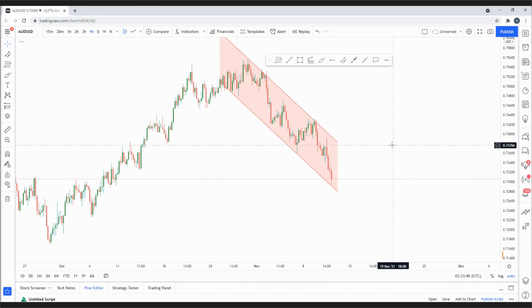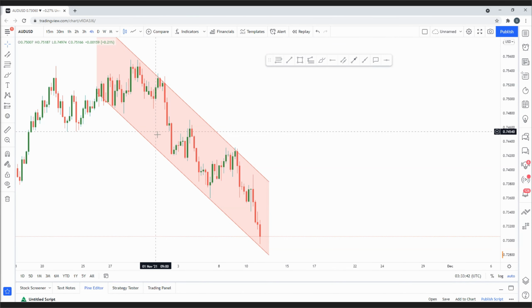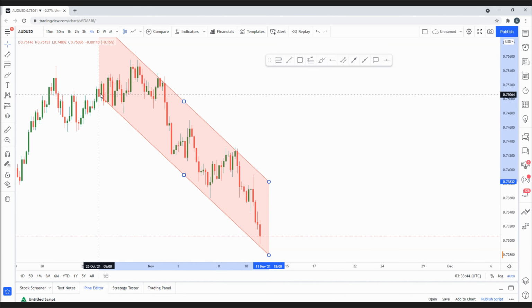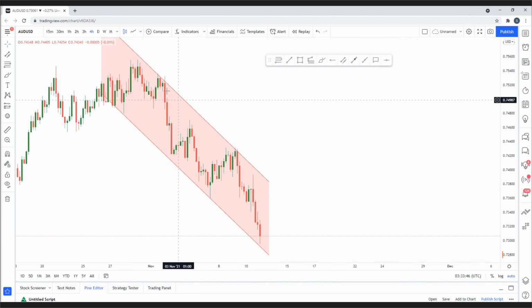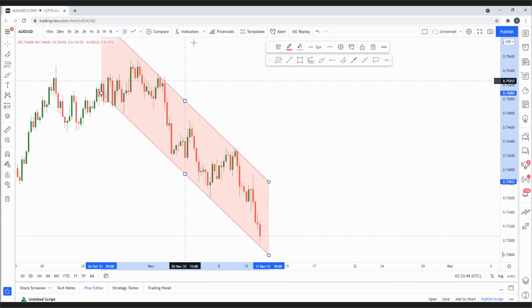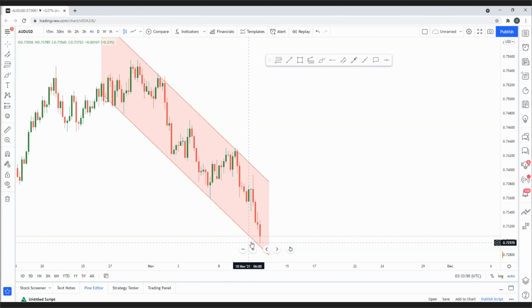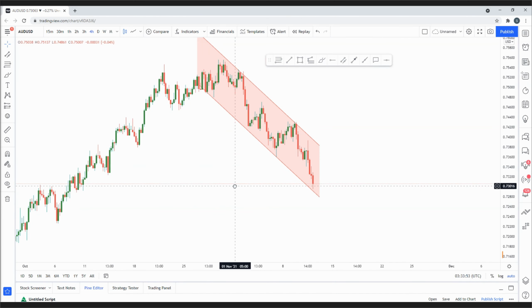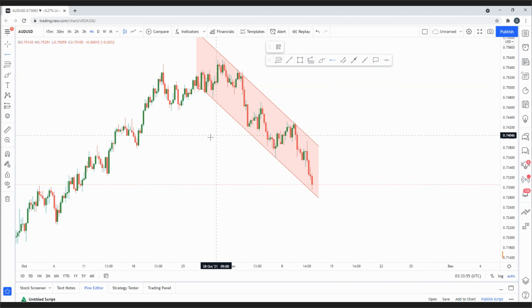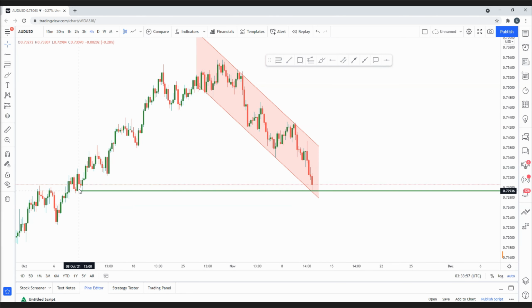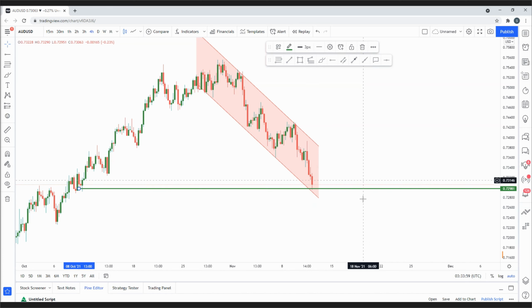All right, so you can see there's a clear channel right here. It's touching the support of our bearish channel, right? So do you expect a bounce up or a breakdown? This is what you have to think. When you see a channel, you have to think: does it touch the support of the channel?